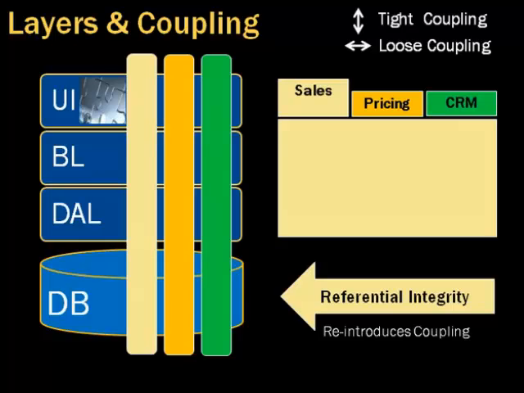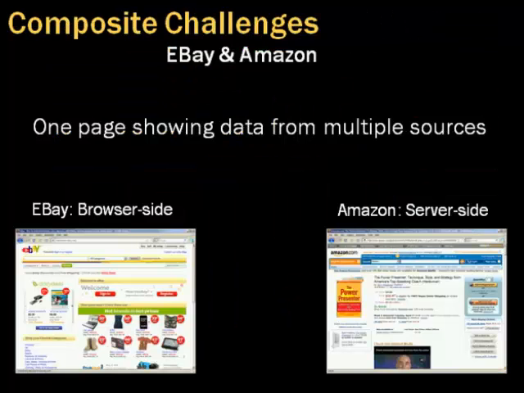Let's talk a little bit about how we split apart the UI. If we can disconnect our autonomous services from the bottom at the database level, we still have to disconnect them at the top on the UI level for us to actually achieve autonomy. So let's look at a couple of ways of doing that. If we do view each of these UIs as autonomous, belonging to an autonomous service, we still need a way to stitch them together.